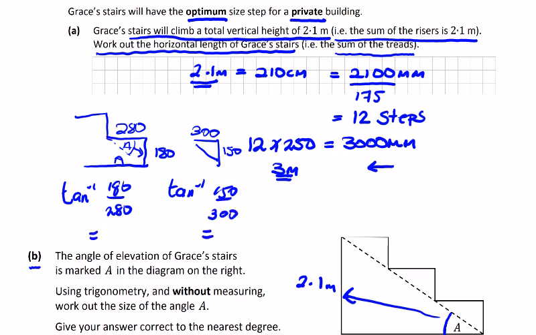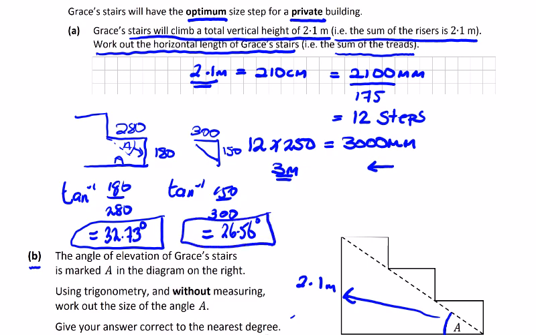What will these give? Doing both of these, I get 32.73 degrees, and this is smaller, 26.56. If you were asked to work out the angles, the max angle would be this one, and this would be the min. So, a nice little question to finish this video.